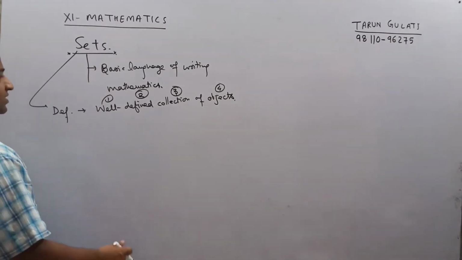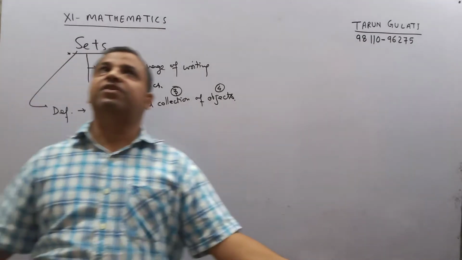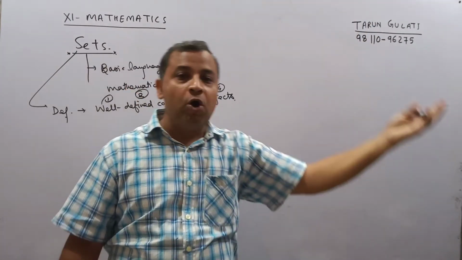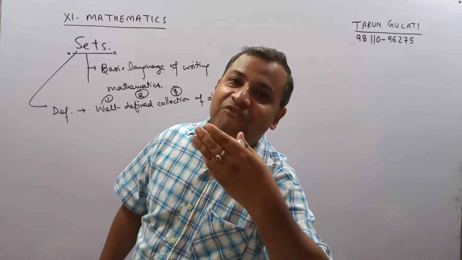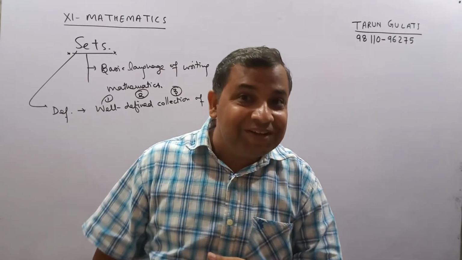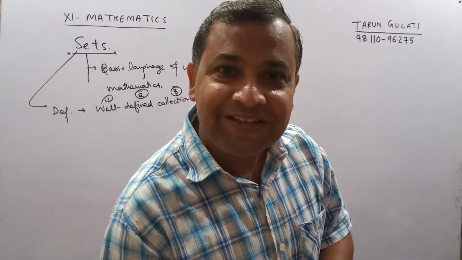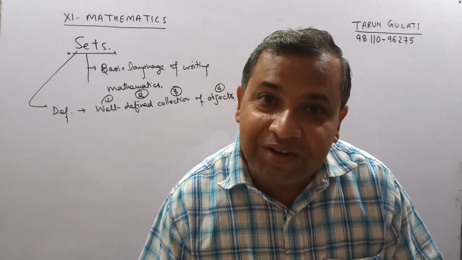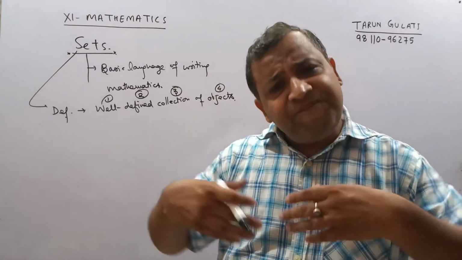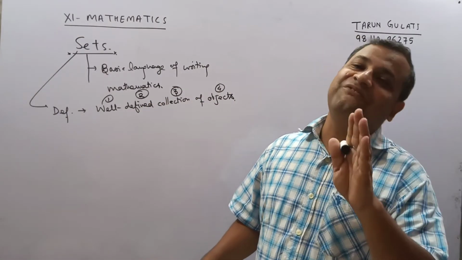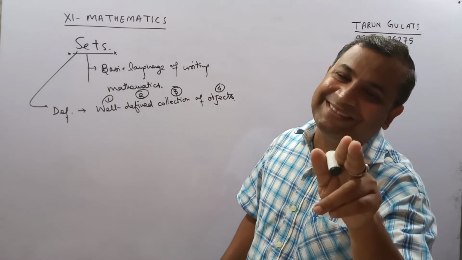Say in the given room we have 1 fan, 1 AC, 2 tube lights and all. It is well defined. Number of days in a week, well defined. There are 7 days. Number of months in a year, it is well defined. There are 12 in number. Everything you can think of which is well defined, you can say this is a set.